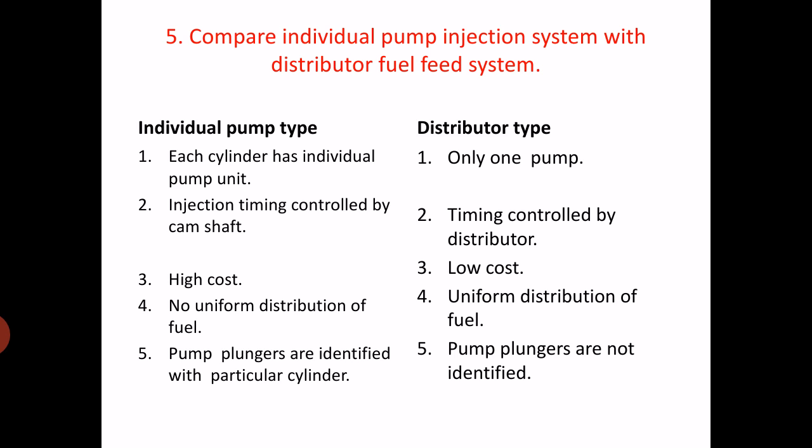But in the distributor type only one distributor is supplying the fuel, so it maintains uniform distribution of fuel. In the individual pump system, pump plungers are identified with a particular cylinder. But in the distributor type, even if it is a multi plunger pump, no plunger is identified with a particular cylinder. So that is the comparison.